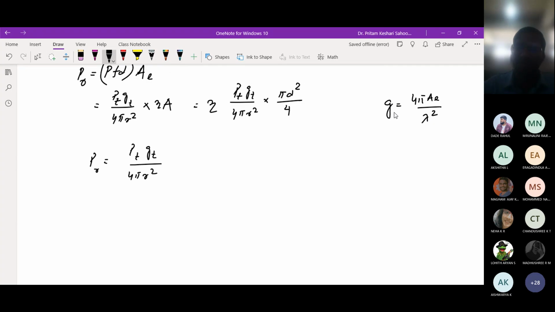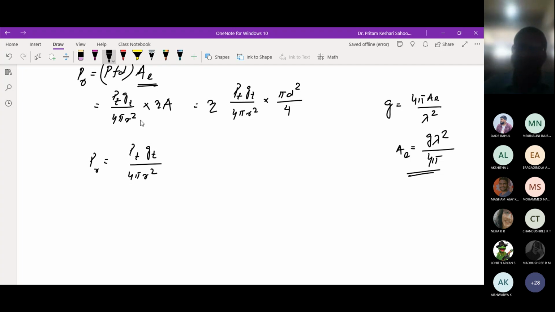This much we have studied, or not? So here, what is AE? AE is equal to G into lambda square divided by 4 pi, which we can write by doing cross multiplication.